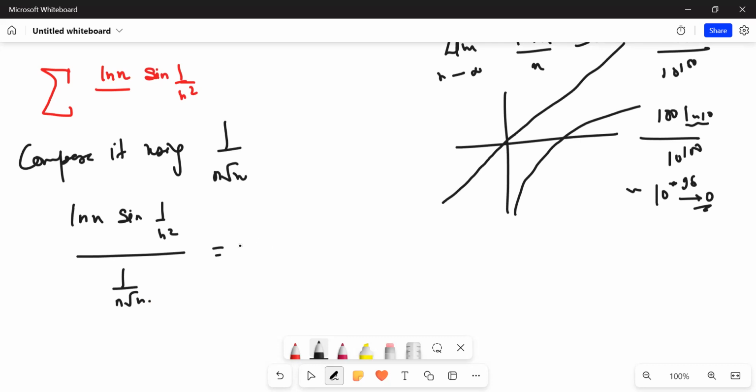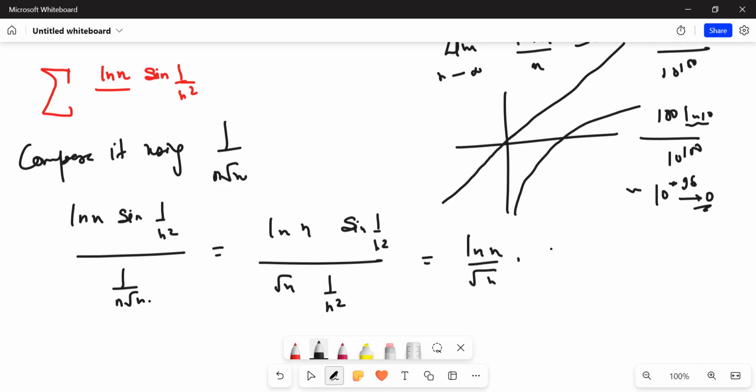Instead of this, I can write ln of n sine of 1 upon n square, and I'll do this root n here and 1 upon n square here. Okay, so this is equal to 1 upon n root n. Fine. And so this is equal to ln n upon root n times sine of 1 upon n square upon 1 upon n square, and I take limit n tends to infinity.